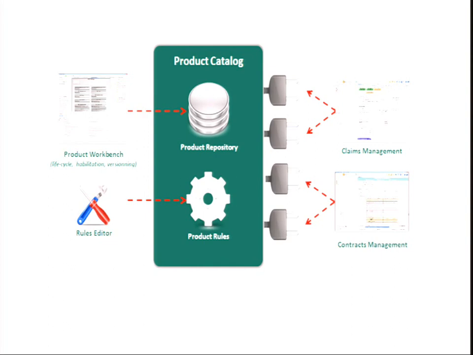This catalog is exposed through web services to existing applications for claim management and contract management. The content of the product repository is a model which describes the structure of a new product.